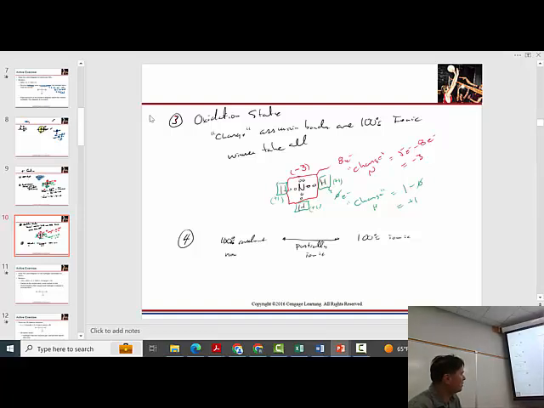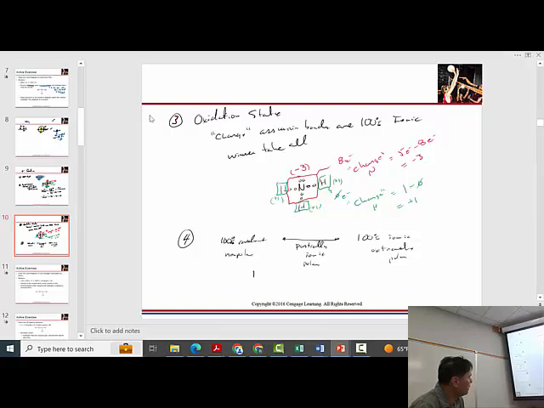This would be nonpolar. This would be extremely polar. This would be polar. Partially ionic.